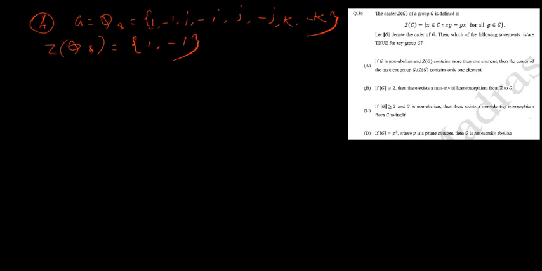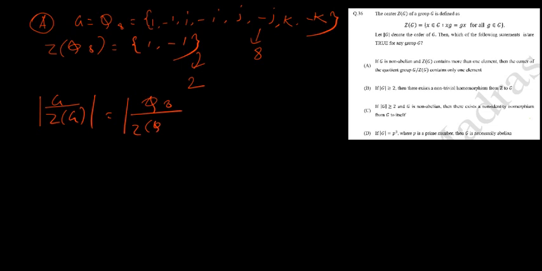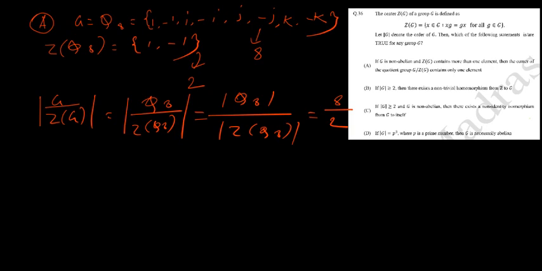The order of the group Q8 is 8 because there are 8 elements in this group, and the order of ZQ8 is 2 because there are only 2 elements in it. So the order of G by ZG equals the order of Q8 by the order of ZQ8, which is 8 by 2, so this equals 4.